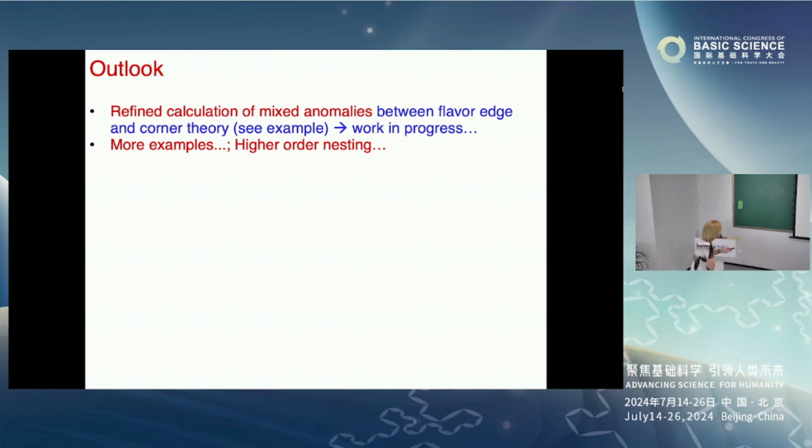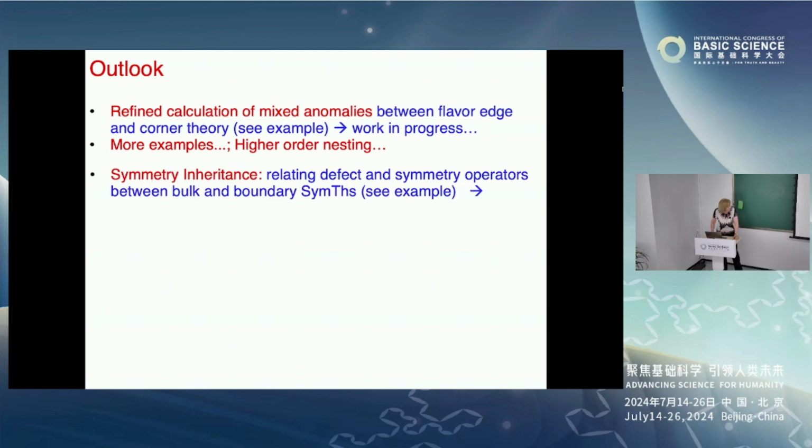As I said, this is work in progress, and that's why we need mathematicians to be involved in that. There are more examples in upcoming papers. There are possibilities of higher order nesting, so this opens possibilities both from field theory and from string theory geometric engineering to address this higher form nesting in the resulting symmetry theories.